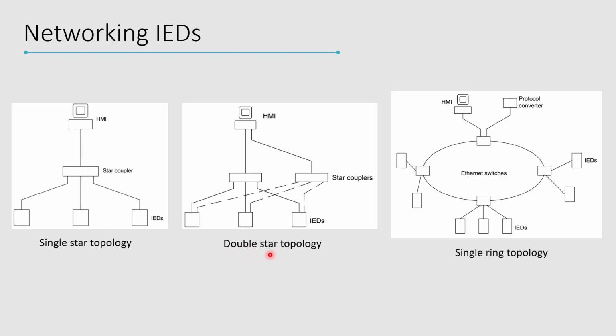This is a double star topology. You have two star couplers, kind of a replication of the same star. And this is the single ring topology, where you have Ethernet switches and Ethernet rings, and all the IEDs are connected to these rings, and it sends the messages to the SCADA system or the HMI through the ring.